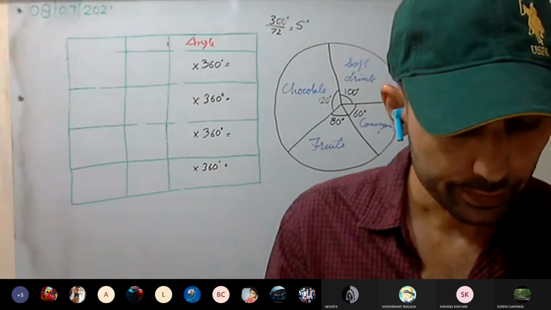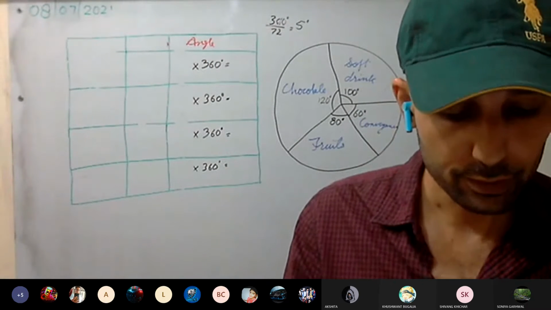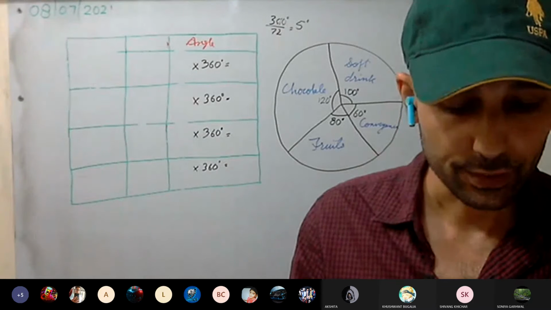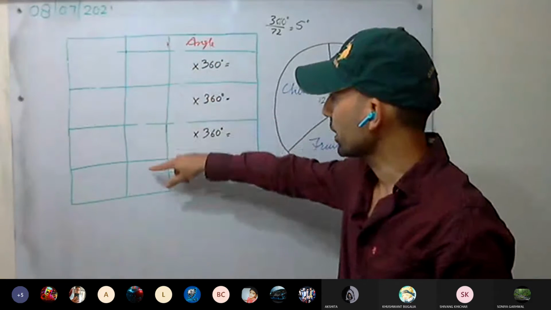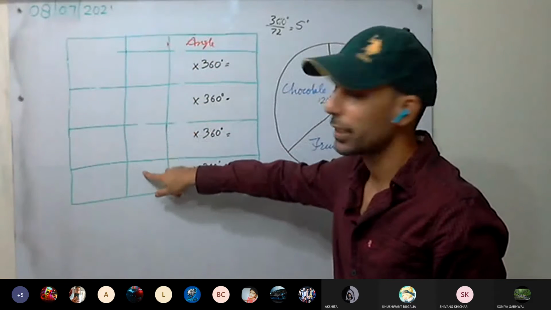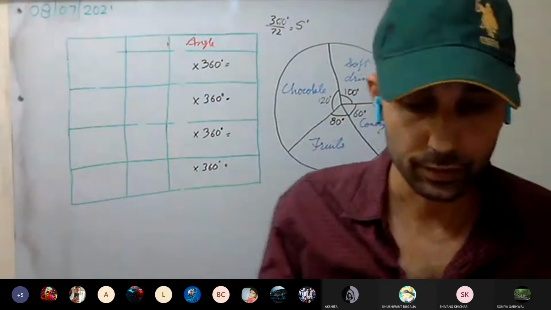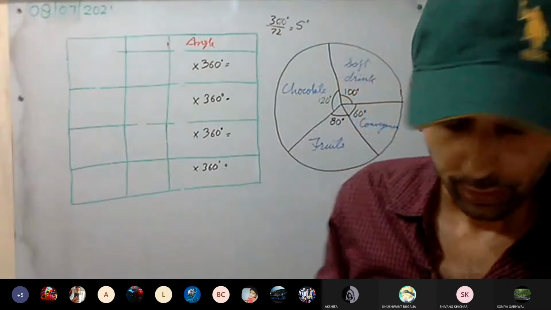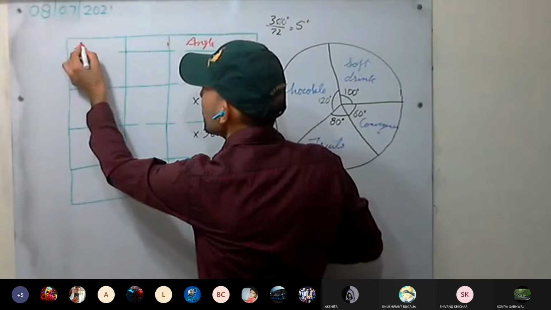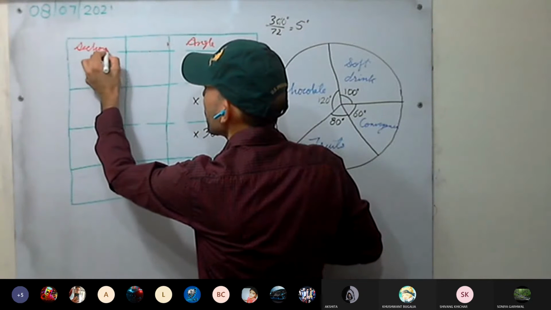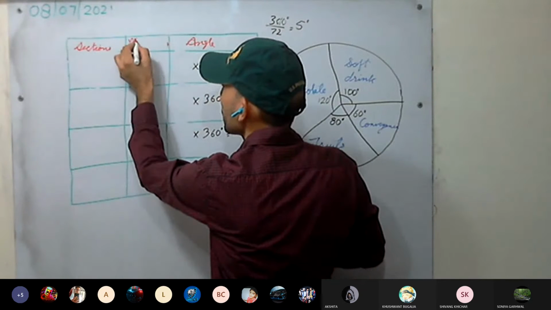So the number of students admitted in 4 sections of class 6 in a school are given below. Okay, 4 sections in class 6 are there, and how many students have been admitted in each particular section has been provided. So here we'll have the sections, and the number of students.